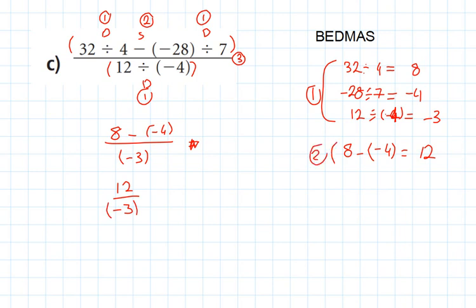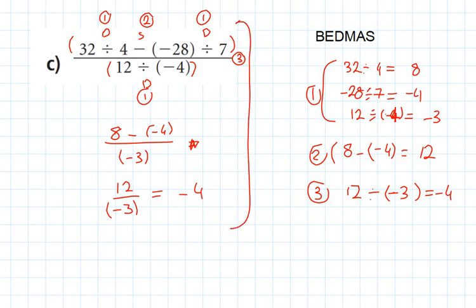And finally, the third step is the division. So 12 divided by negative 3, negative 4 is our answer. So again, this work you don't need to show me. You do need to show this work. This is the work that you need to show. That's it.